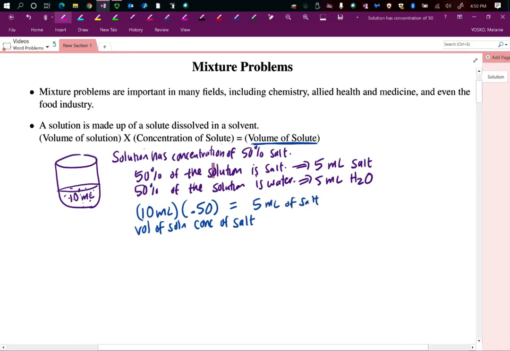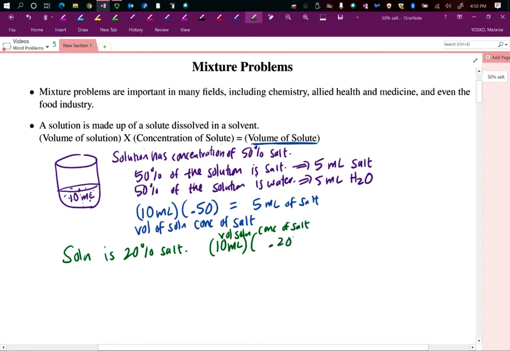If we talk through it and use easy numbers, you can understand this, but this is the process we're doing. I could change this up. Maybe this solution is 20% salt. That means you would have the volume of 10 milliliters, the volume of the solution, times the concentration of salt, 0.20.